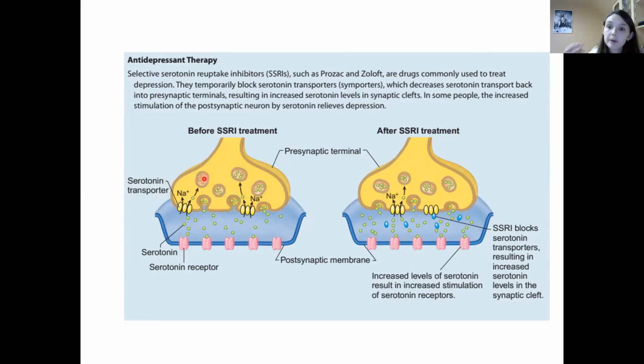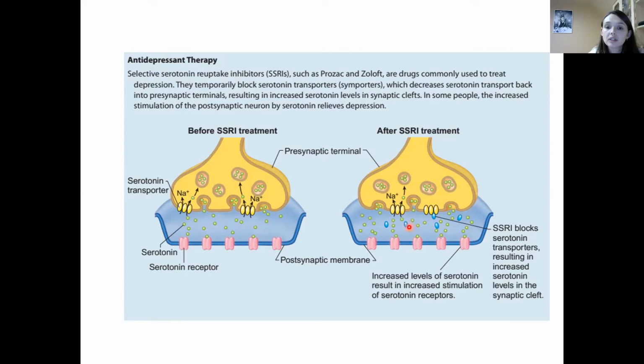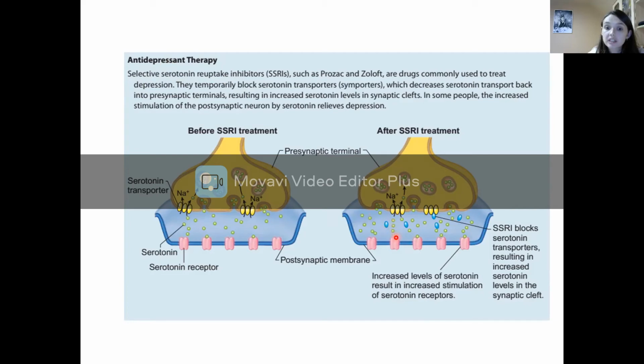That is why people who have depression will take a specific drug called selective serotonin reuptake inhibitors. These inhibitors will block these proteins, and as a result, serotonin will not return back to the presynaptic terminal. It's going to stay in the synaptic cleft, and as a result, is going to continuously affect the postsynaptic membrane.